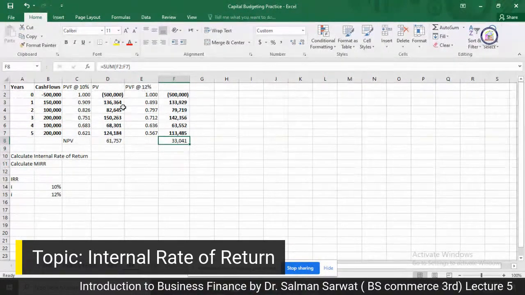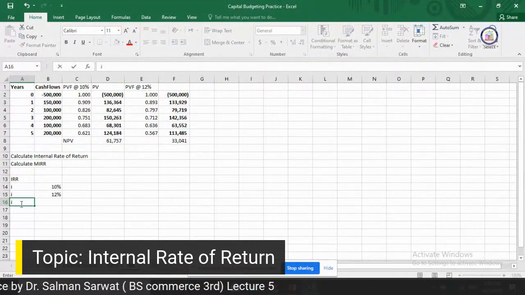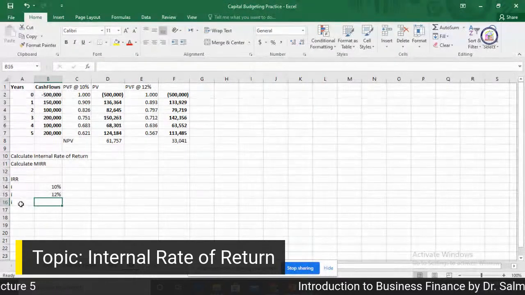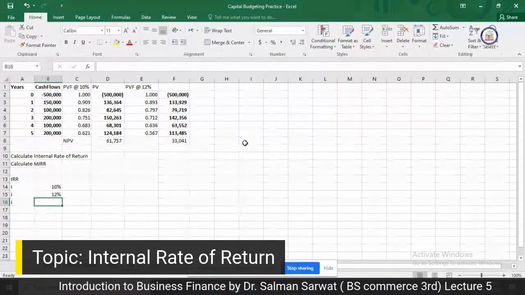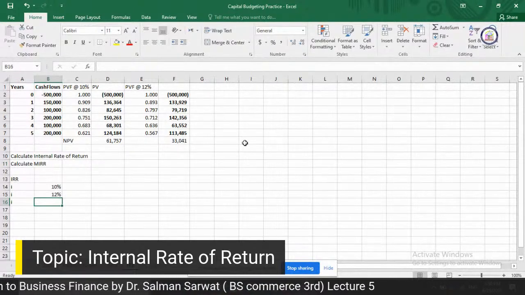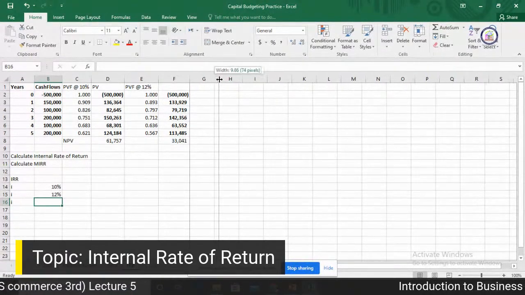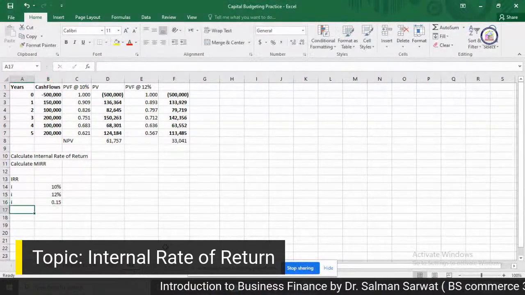So for the third time, as we are doing trial and error basis, and we also know there is an inverse relationship between interest rate and the net present value, we will keep on increasing interest rate. This time I think we should increase to 15%.